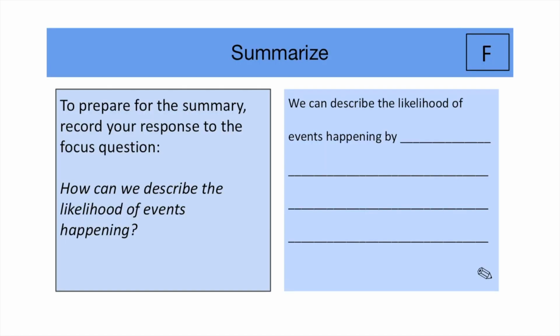To prepare for the summary, students are going to respond to the focus question, and you can support them with a sentence starter so that they can focus on the content of their response rather than on the sentence structure.